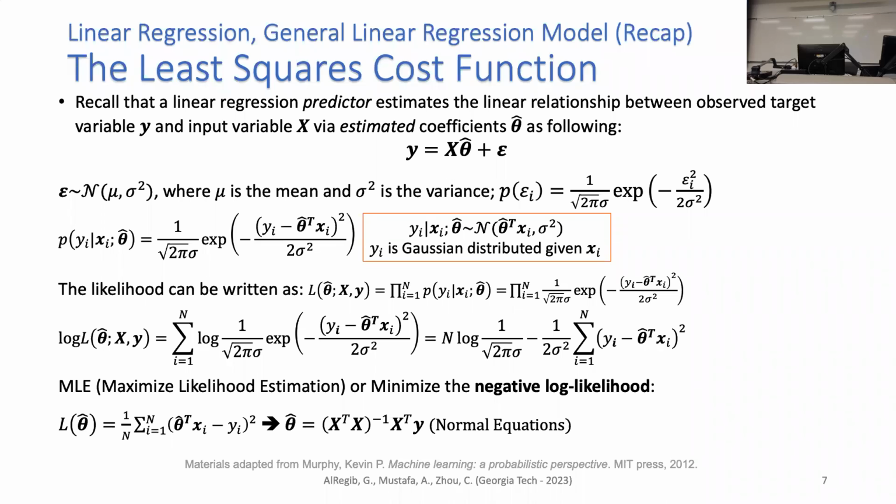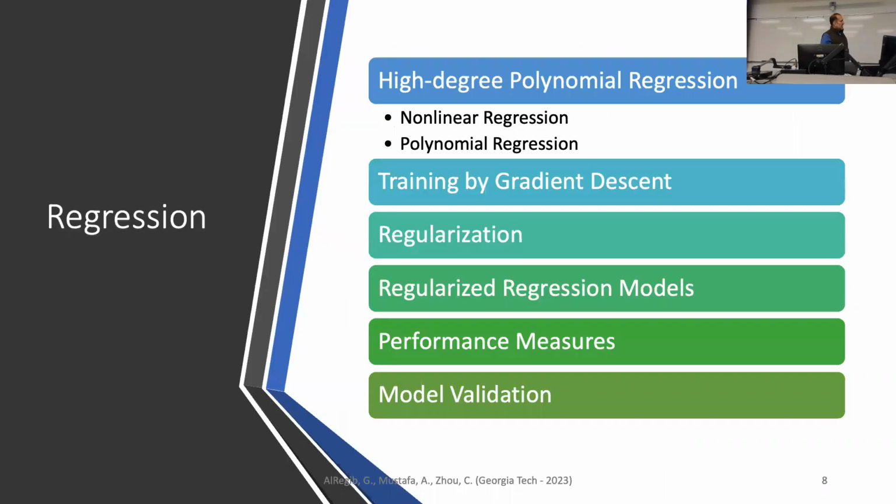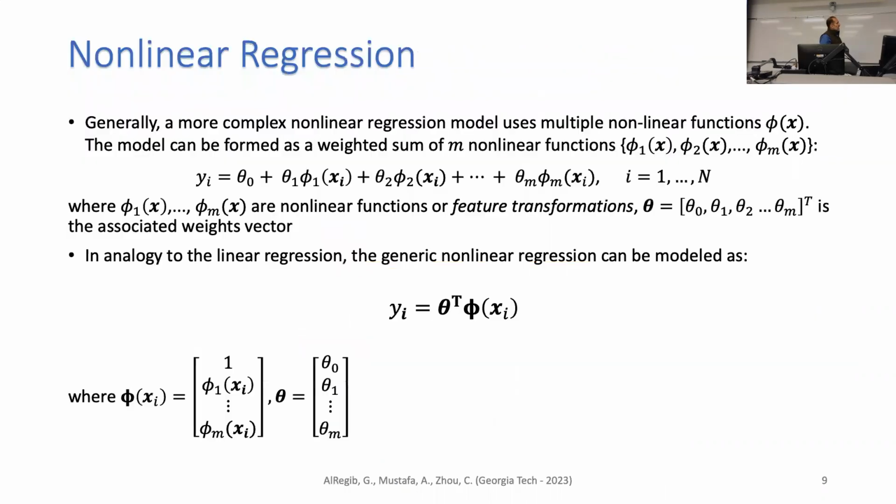And then we said, okay, this will be a problem, especially if you have a very large number of features, because taking the inverse of this matrix can be computationally very difficult, where capital P is very large. And then we moved from there to start to talk about polynomial regression.